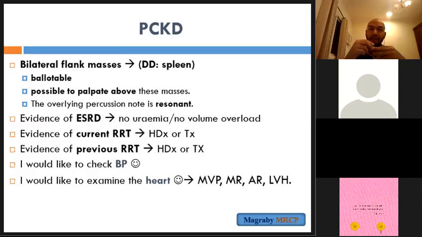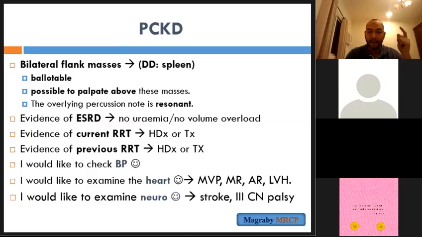They might also have neurological manifestations in the form of cerebral aneurysm liable to rupture, and this patient will develop a subarachnoid hemorrhage. Okay, and they can have a stroke or neurological insult after that. This is regarding polycystic kidney disease.